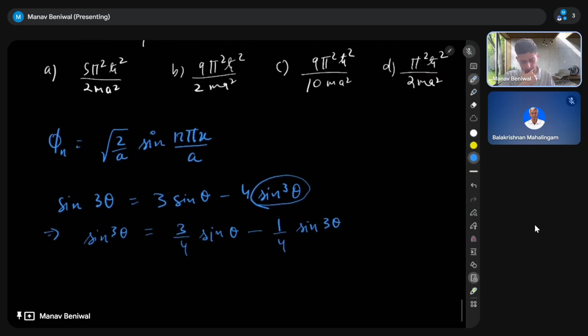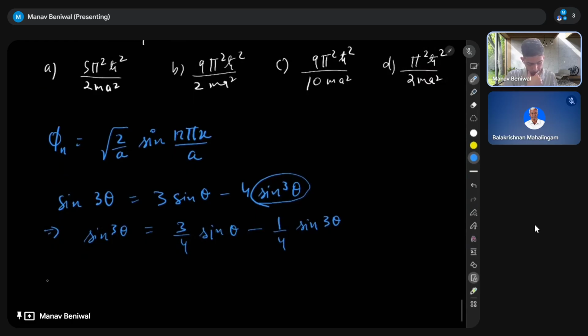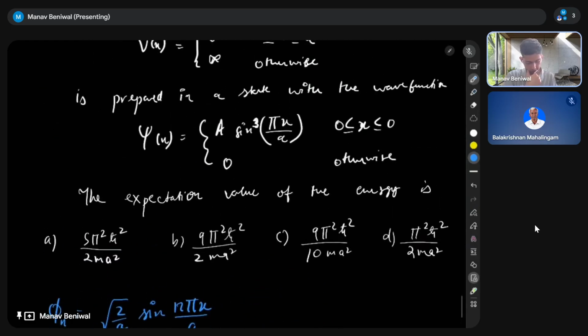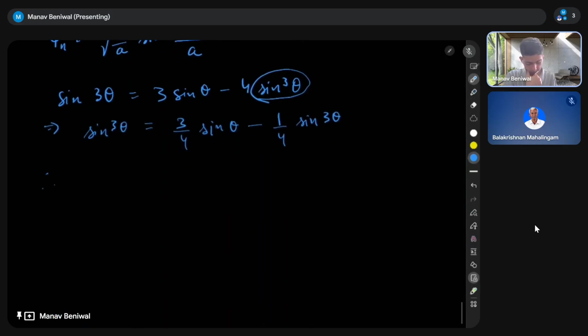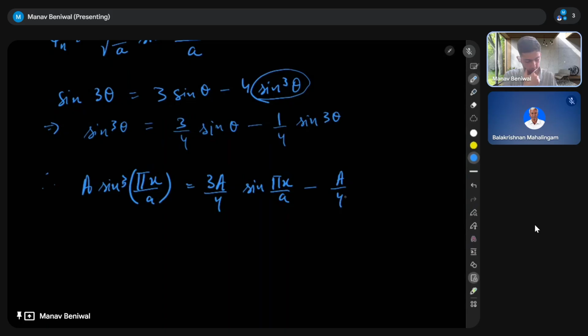Okay, therefore the wave function that is given to us, this a sine cube pi x by a, we can write it as a into 3 by 4 sine pi x over a, minus 1 by 4 sine 3 pi x over a.